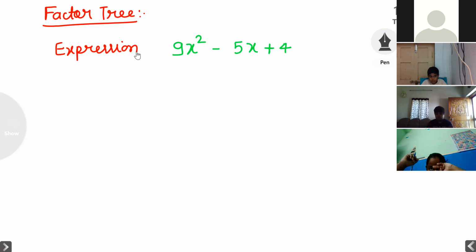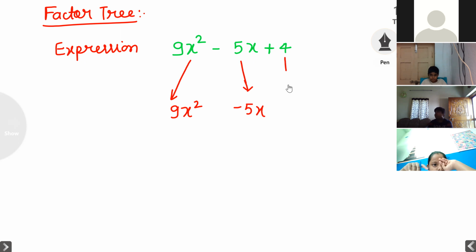Now expression is completed. Now I have to find out terms. How many terms are there? Three terms. 9x square is one term, minus 5x is the second term, and 4 is the third term. This is called terms.